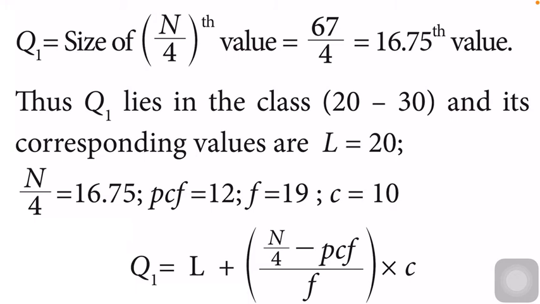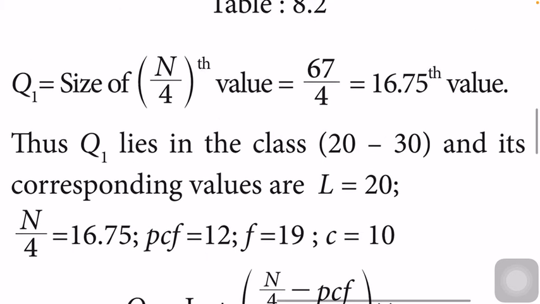First, we can find the lower quartile, that is Q1. To find that, first we have to calculate the size of the n by 4th value. This helps us to determine in which class interval Q1 lies. So n is 67, 67 divided by 4 is 16.75.